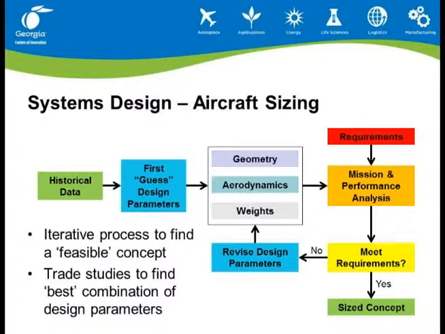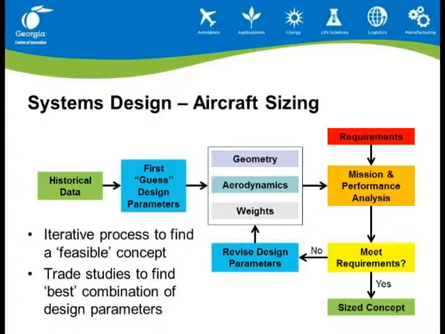From that geometry, we do an aerodynamic analysis to estimate what the drag coefficient is of the vehicle. And then finally, a first guess at the weight of the vehicle. Then we run our mission and performance analysis to determine, we fly this vehicle and determine how much fuel it burns. Then we look at that and say, did this meet the requirements? Yes or no?